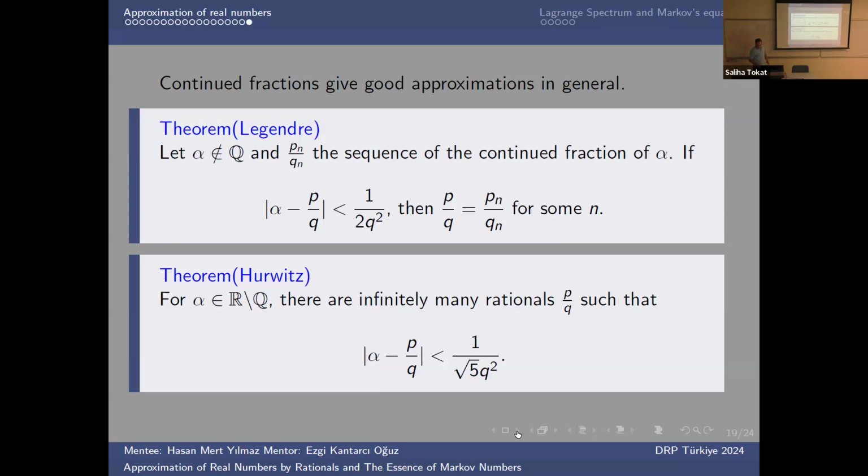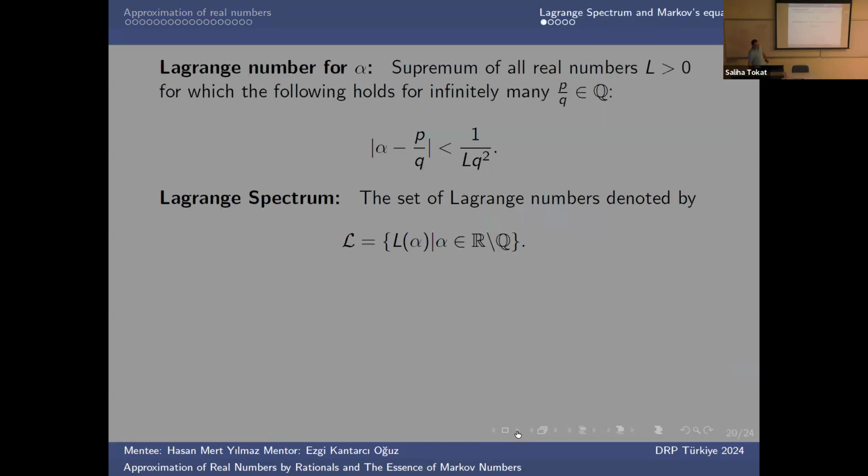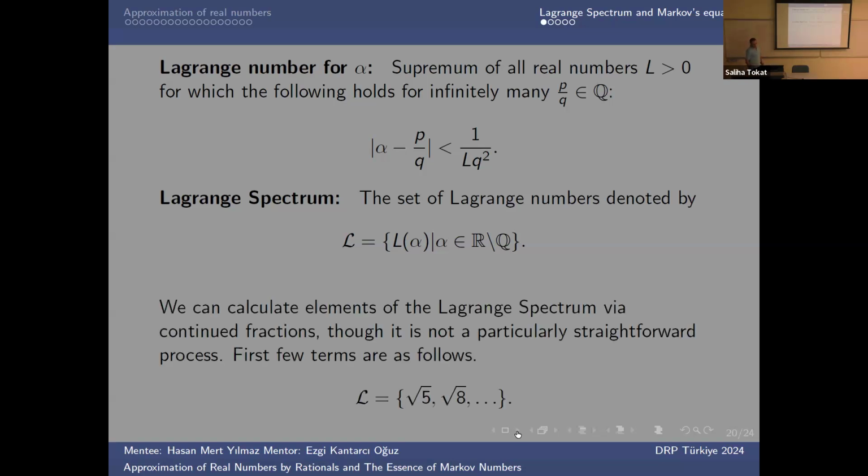This means that the continued fraction of alpha is its best approximation sequence. Reminder: the Lagrange number of alpha, the set of Lagrange numbers is called the Lagrange spectrum.